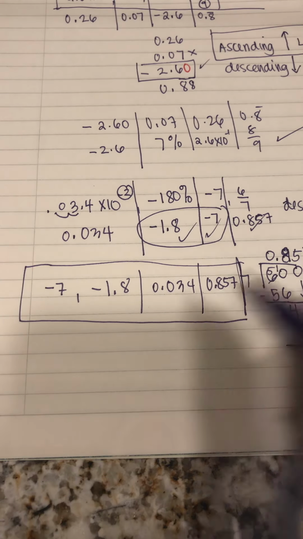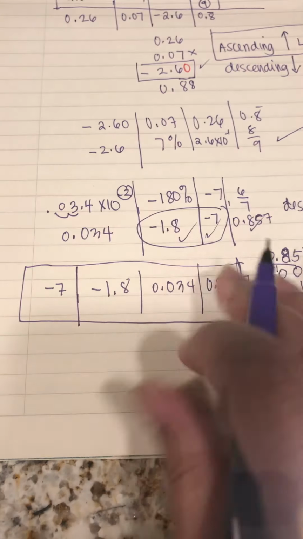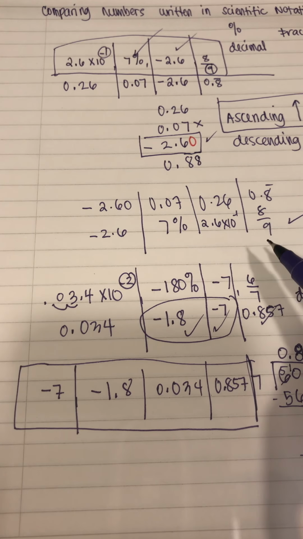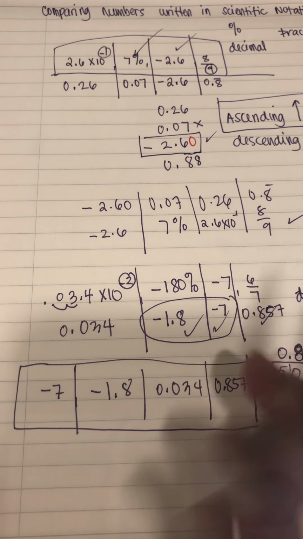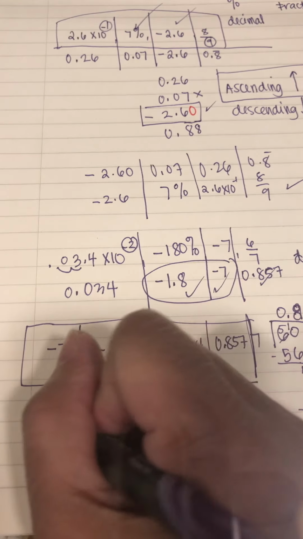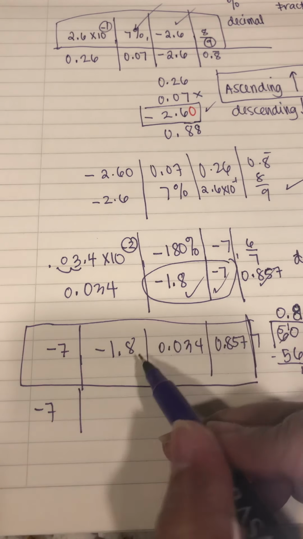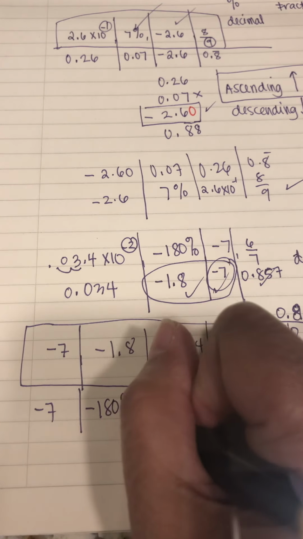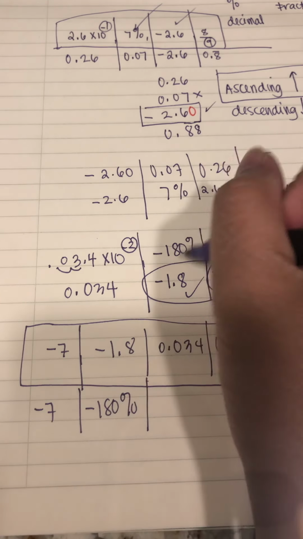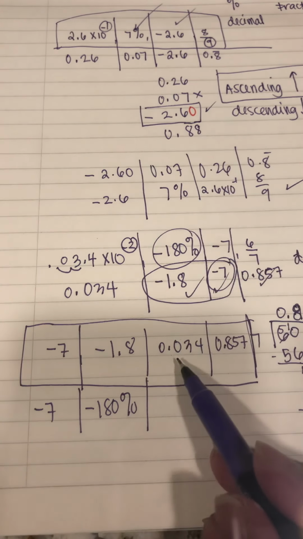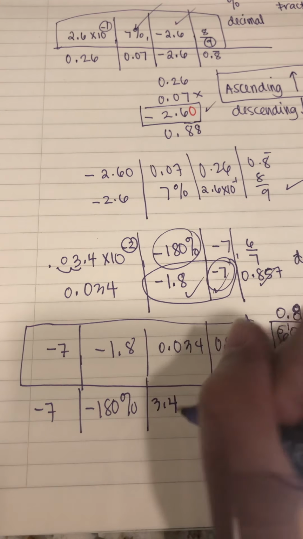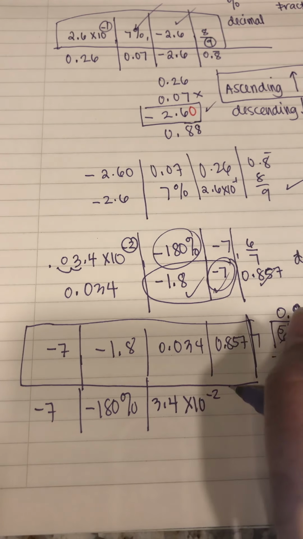Now we have to write it in their given notation. So the -7 was given as -7. The -1.8 was given as -180%. And then 0.034 was given as 3.4 times 10 to -2.